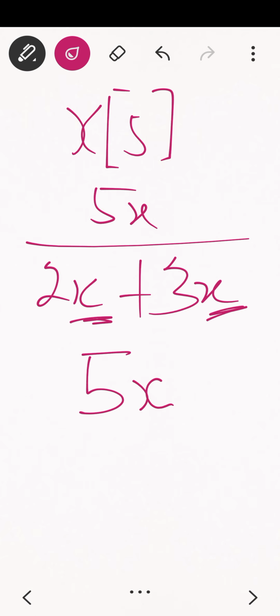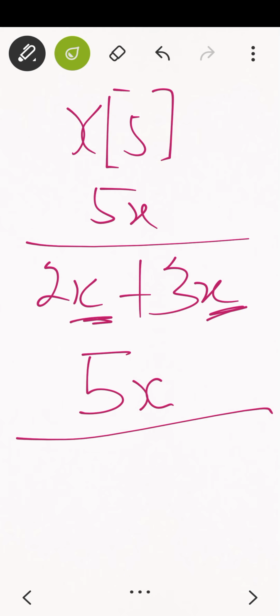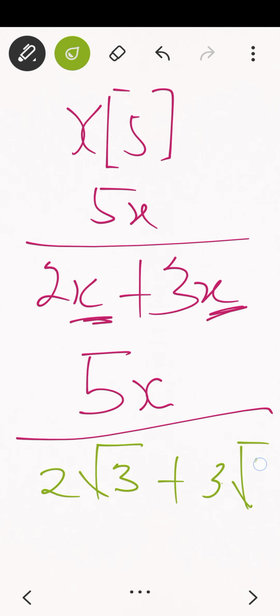So if you are asked to add surds, you need to identify whether the surds are like. So for example, 2 root 3 plus 3 root 3.